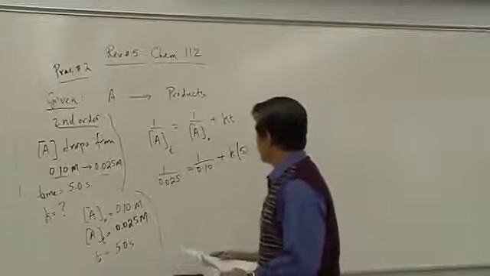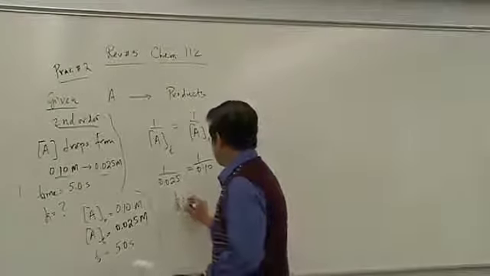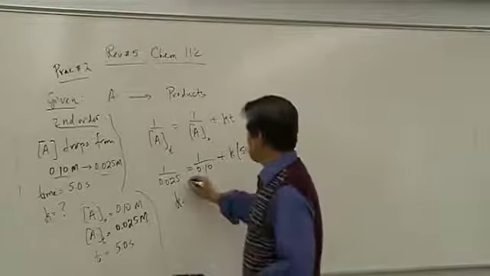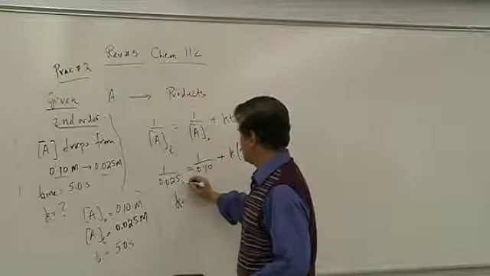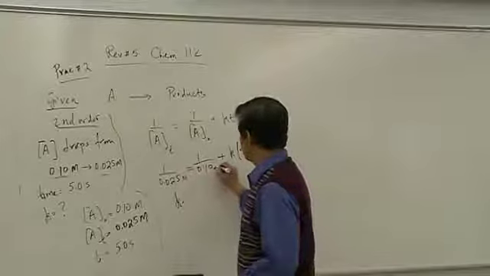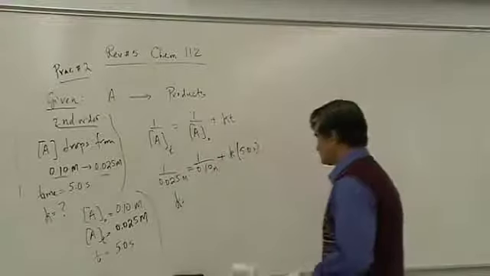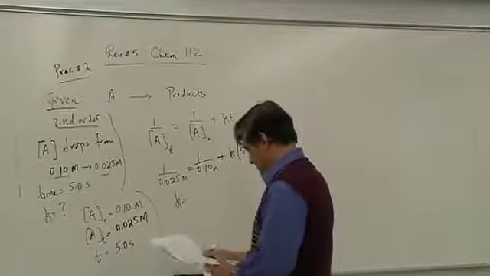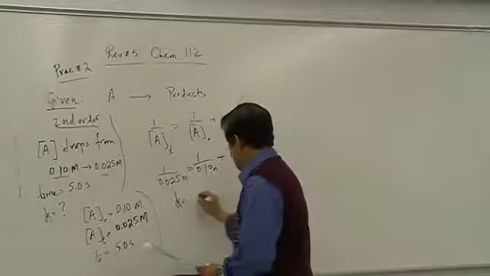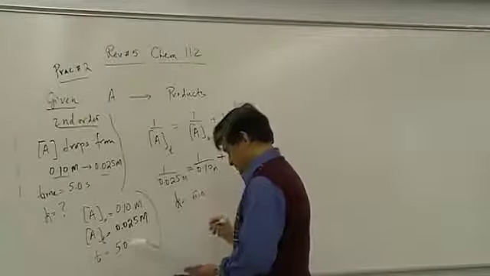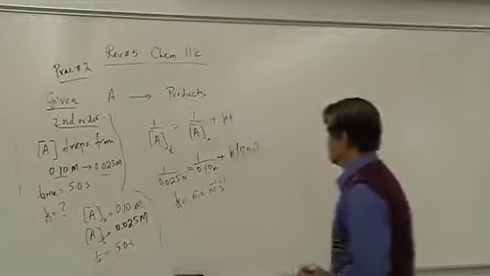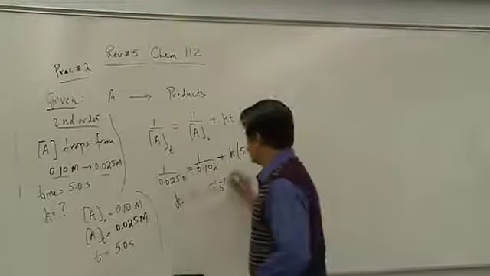And then you solve for K. And by the way, these are all molarity, so this is the inverse of molarity. After doing all this math, this is what you get. K equals 6.0 per molarity per second. So this is the answer to this question.